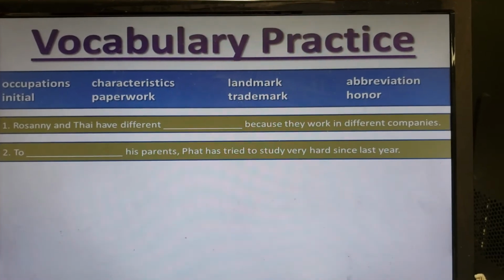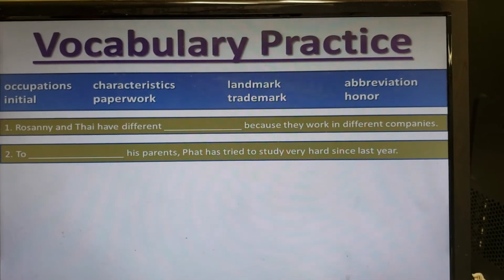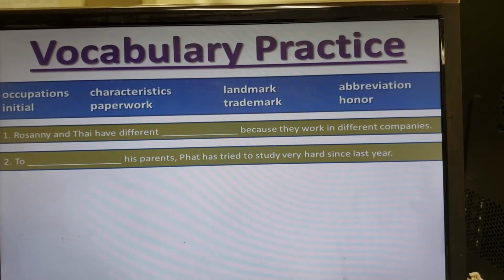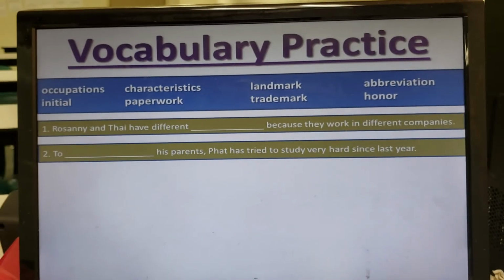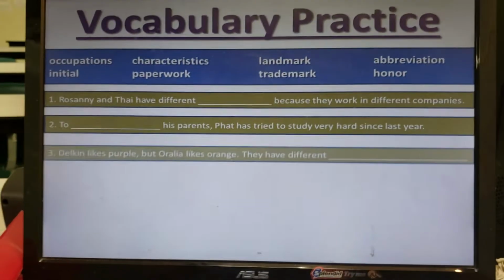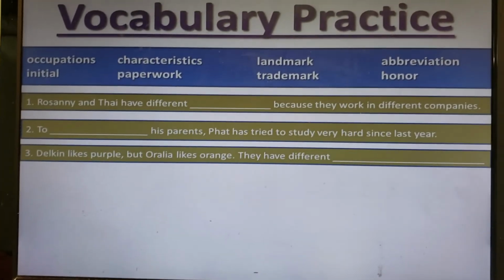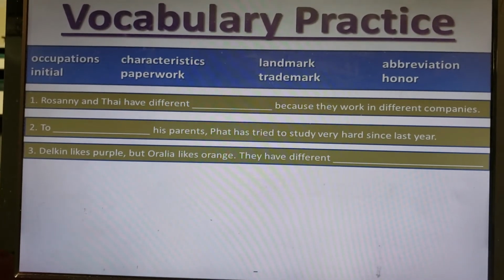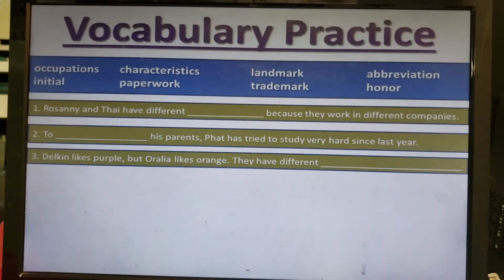To honor his parents, Fact has tried to study very hard since last year. Delkin likes purple, but Aurelia likes orange. They have different blank.